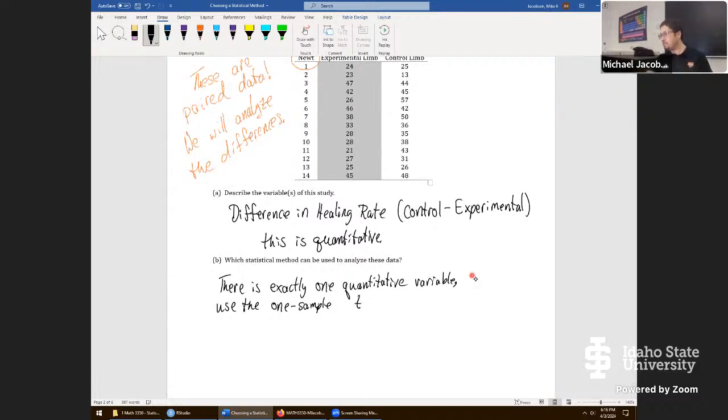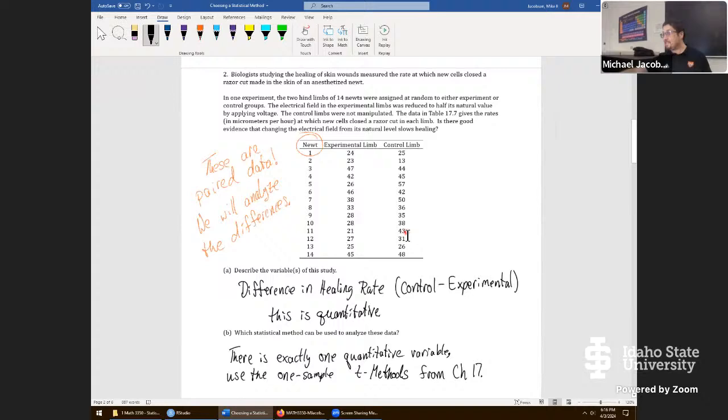We call these the T methods or the T procedures because it reminds us we're using the T distributions to get critical numbers or p-values. From chapter 17. So that's how to analyze these data.